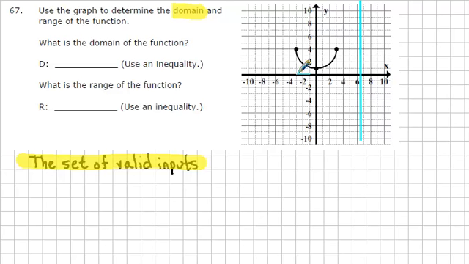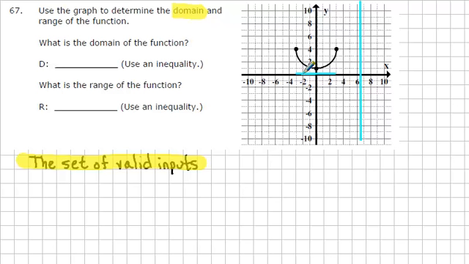So I'm going to go ahead and illustrate here that our valid inputs start at -3 and end at +3. The input values are along the x-axis. Alright, so how do we write an inequality that represents those numbers?